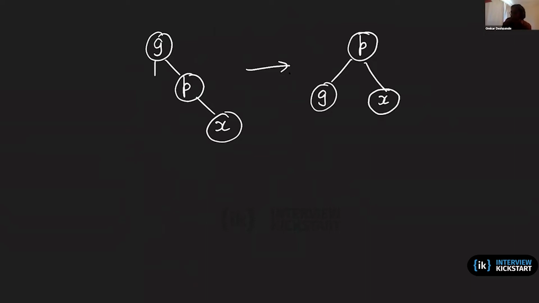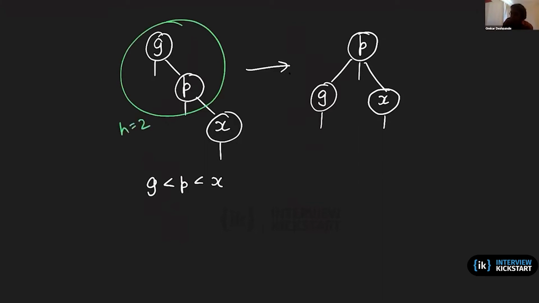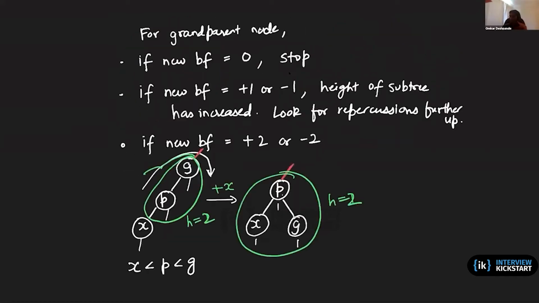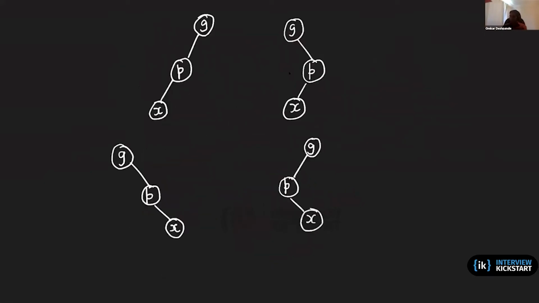In terms of the Inorder Traversal, this was the order, g, p and x, and g, p and x continues to be the order. So the previous height was 2, the new height is also 2. Right, the balance factor here was -2. Here the balance factor has become 0. So things are restored. So both this and this, they are symmetric cases. Let's look at the other two.